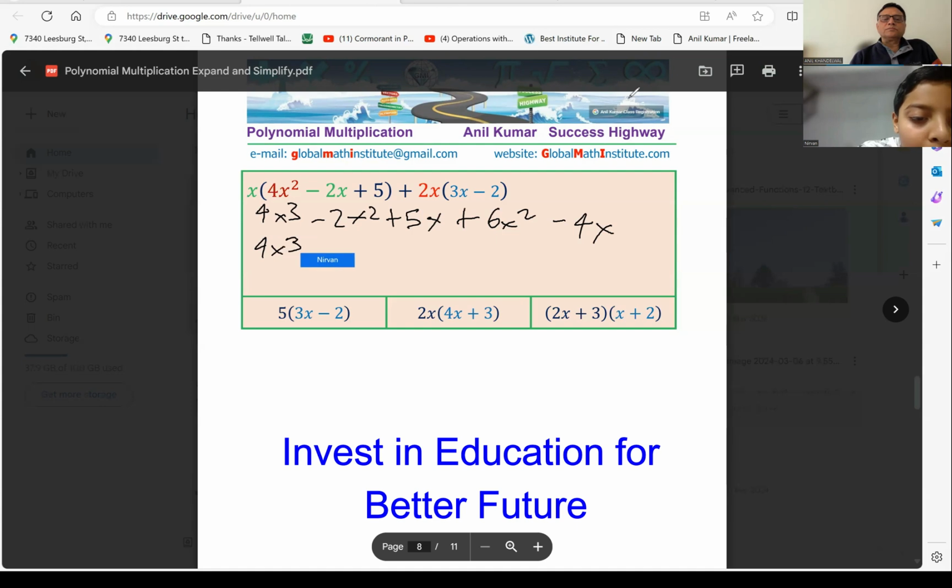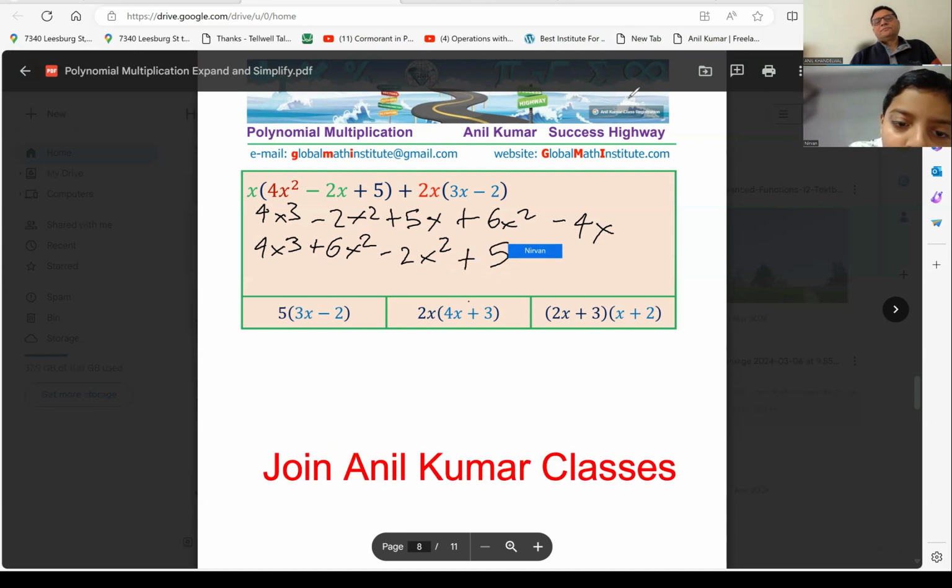4x cubed plus 6x squared minus 2x squared plus 5x minus 4x. Very good.